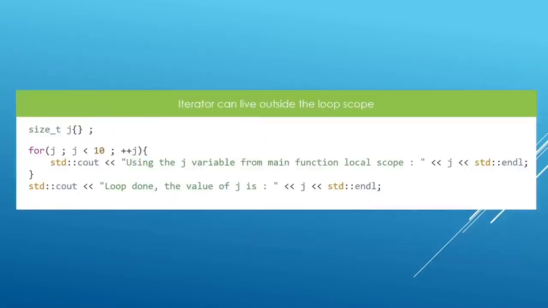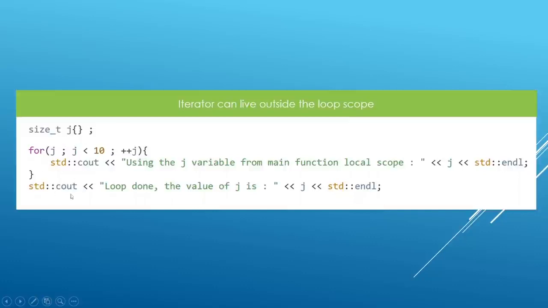If you want the iterator to be usable outside the scope of the for loop, you can do something like this. You can declare your iterator outside the loop, and you can initialize that with whatever you want. And then you can set up your loop like this. You can say for j and put in your test and your incrementation part, and inside do whatever it is you want to do in the body of the loop.